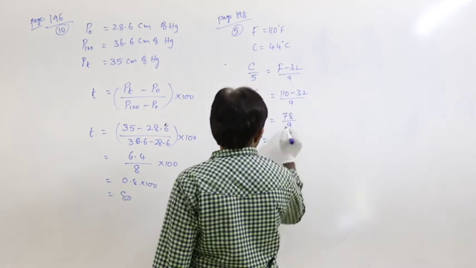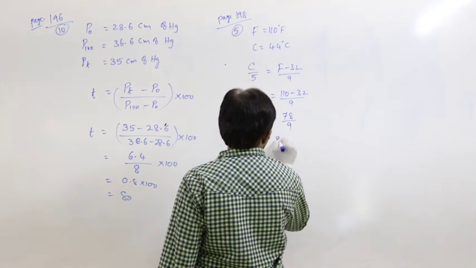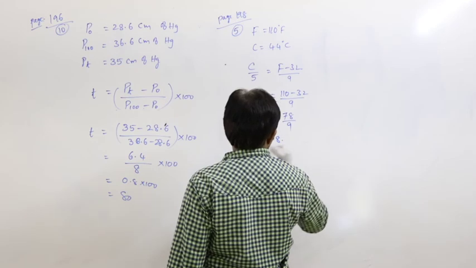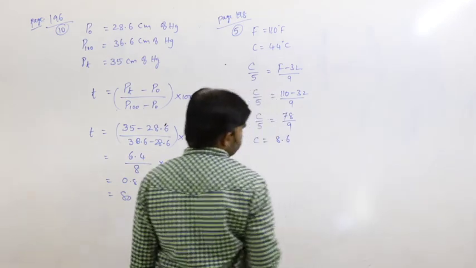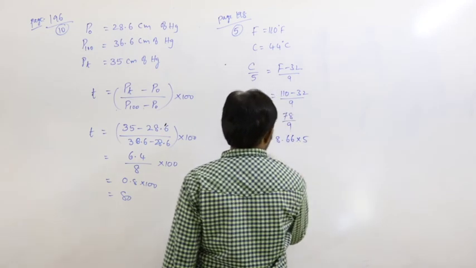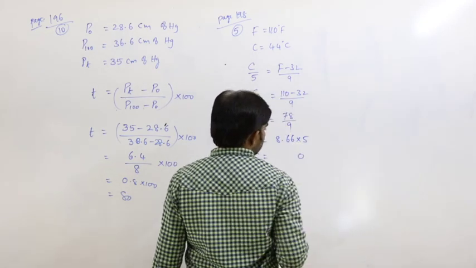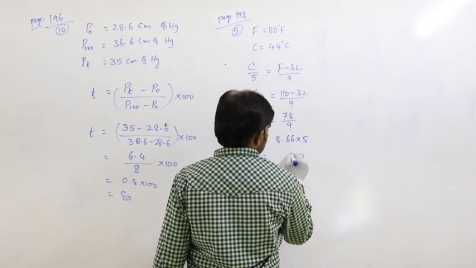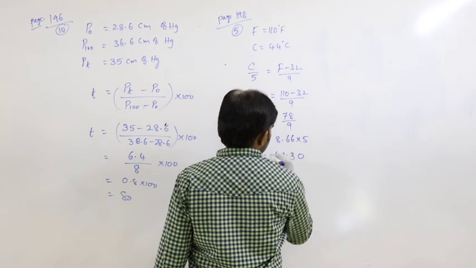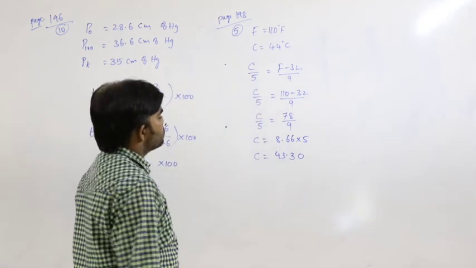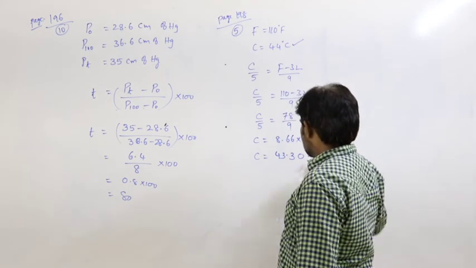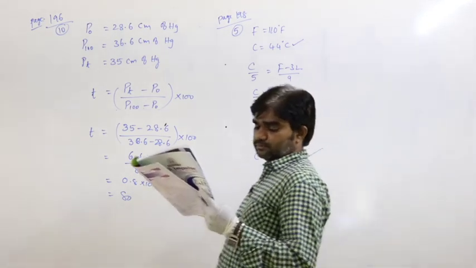So C equals 78 into 5 divided by 9, which is about 43.3. Here we got 43.3, but the reading is 44.